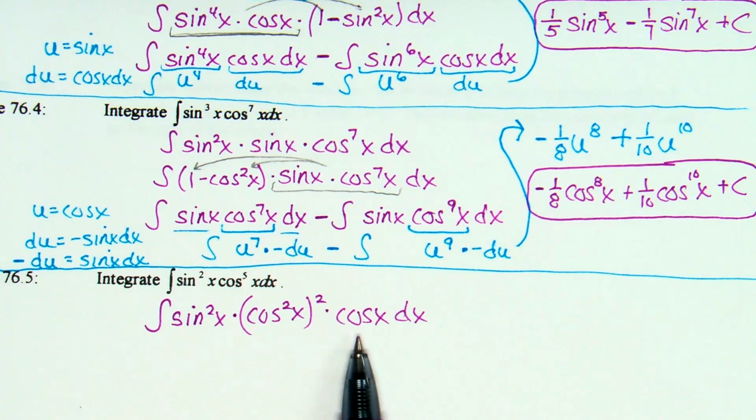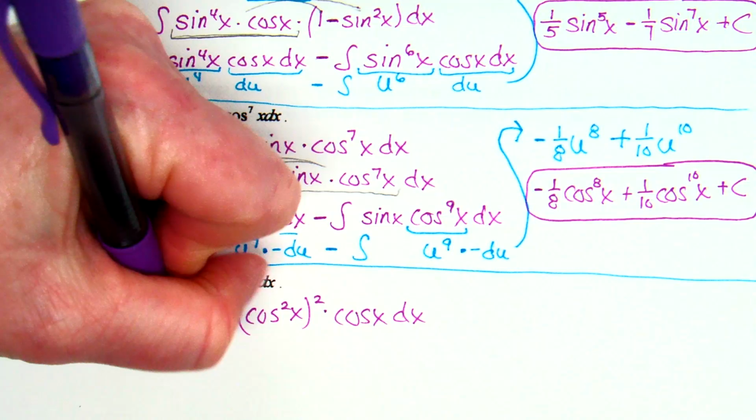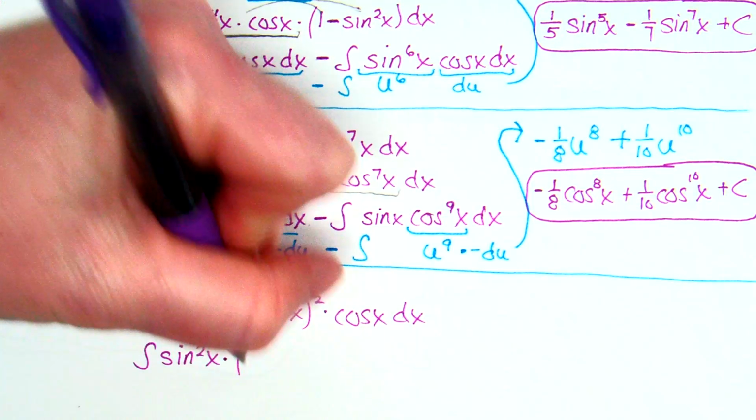So now, replace cosine squared. What are we replacing cosine squared with? That is replaced with 1 minus sine squared x. So it's 1 minus sine squared x, quantity squared.